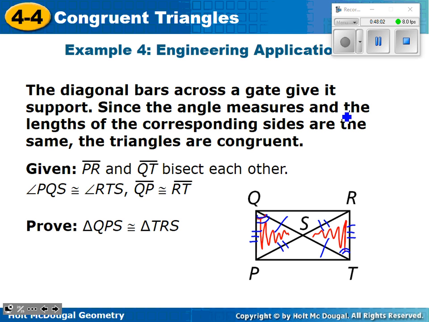So QS only had 1 mark. So we went 1 mark to 2 marks. So I'm going to do the same thing down here and do TSR. Does that make sense? Good, Elena. So then this angle, it's congruent to this angle. And it was angle QSP is congruent to angle TSR. And Alexa said that was the vertical angle theorem, yeah. So vertical angle theorem.